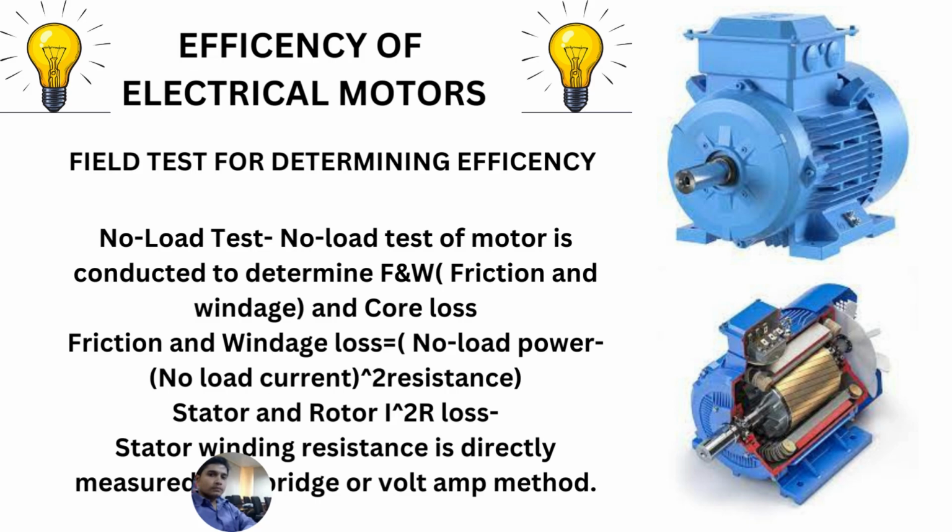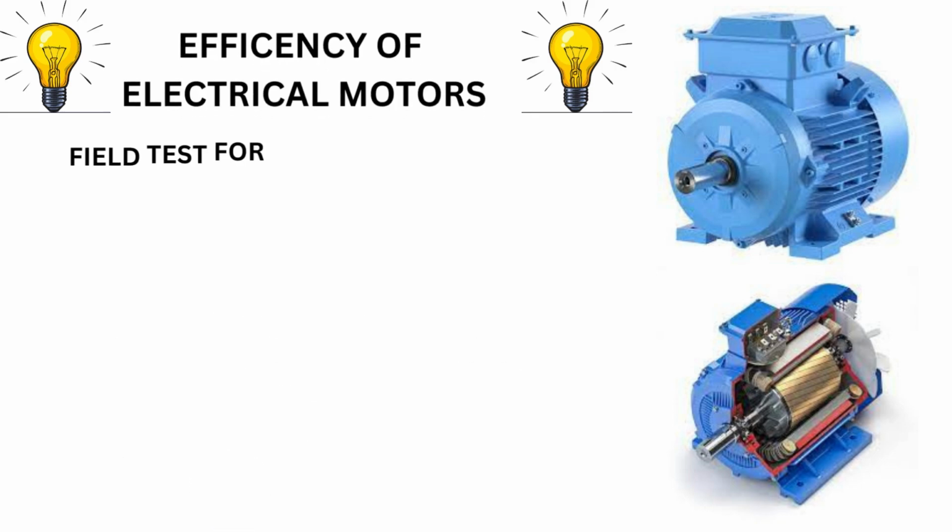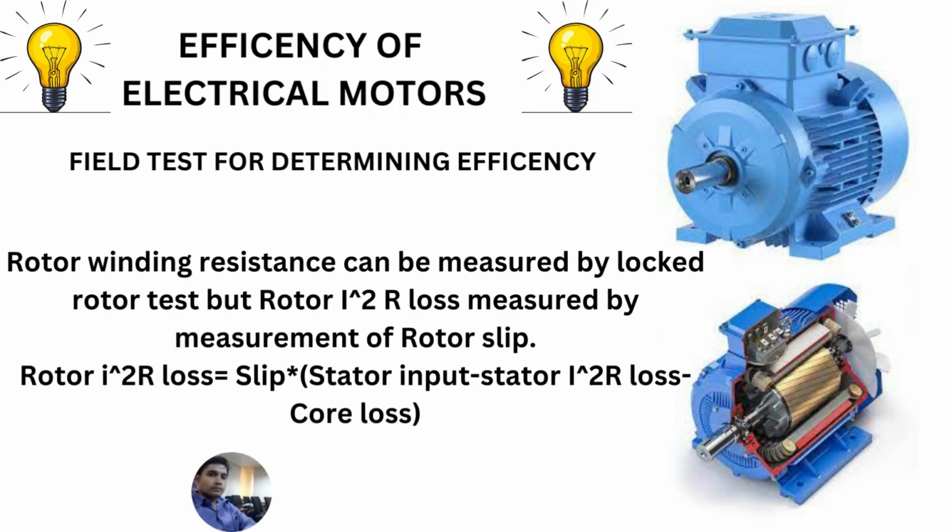What is friction and windage loss? Friction and windage loss is the no load power minus the stator and rotor I square R loss. Stator winding resistance is measured directly by multimeter, but the rotor resistance can be measured by the locked rotor test.